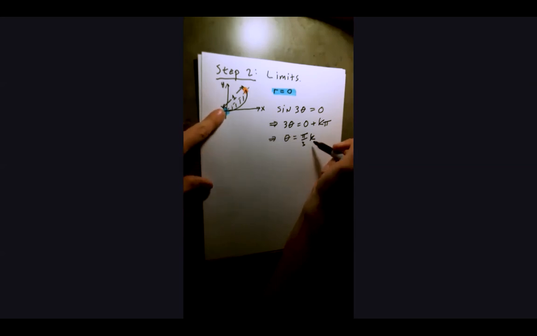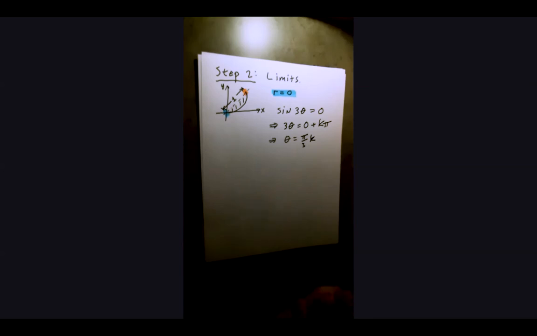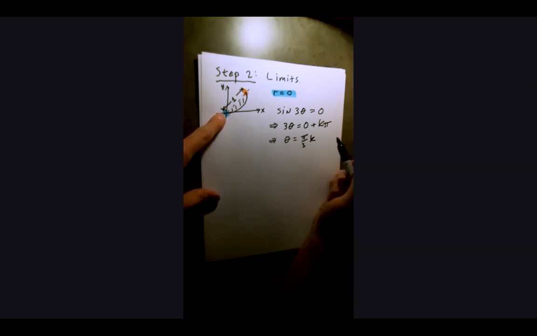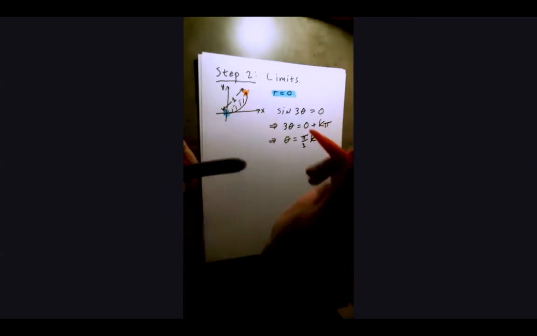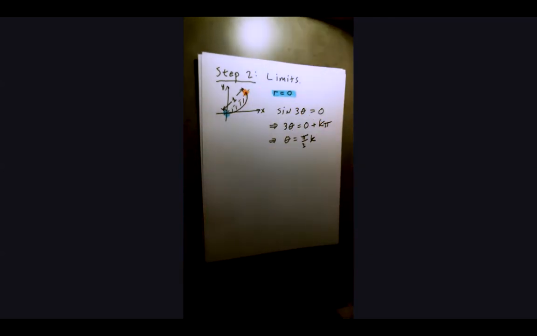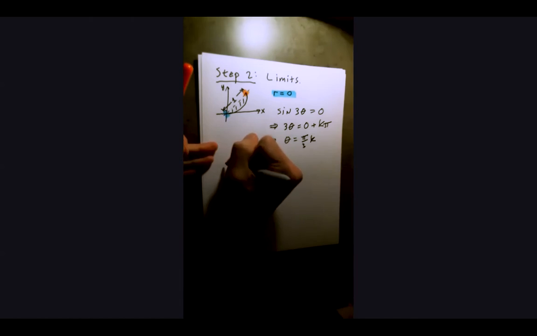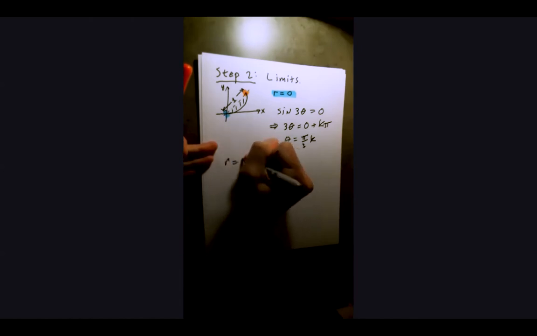What's the k value the very first time, so to speak, that we hit the origin? 0. 0, right? So when k equals 0, theta would be 0. We probably knew that one already. So that would be when r equals 0. How about up here at the other point? What's our r there? 1. So r equals 1.